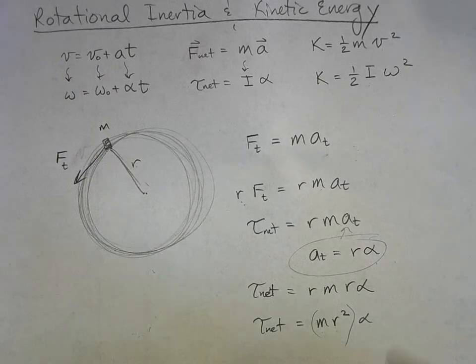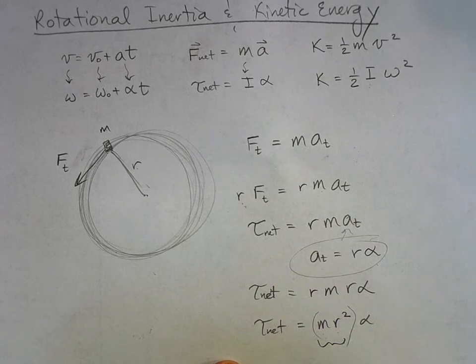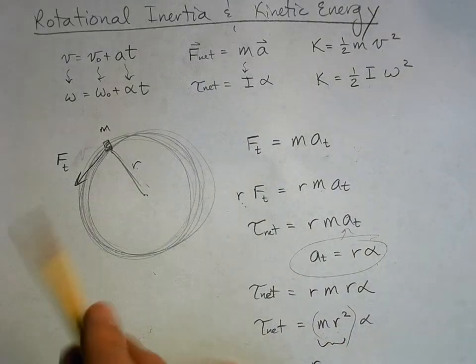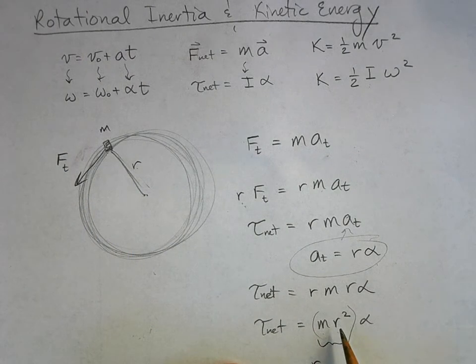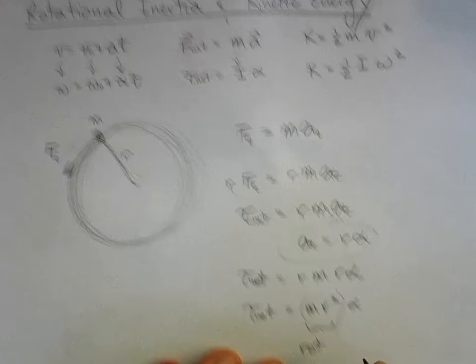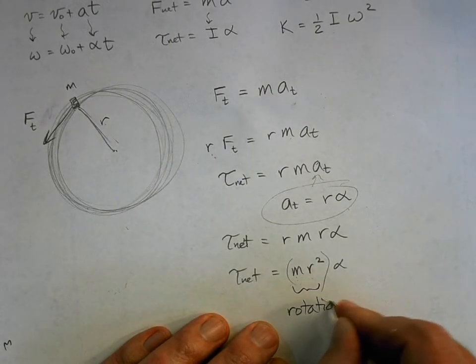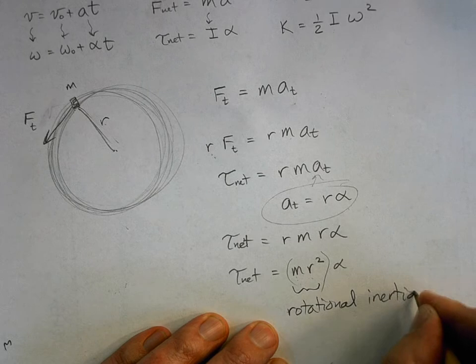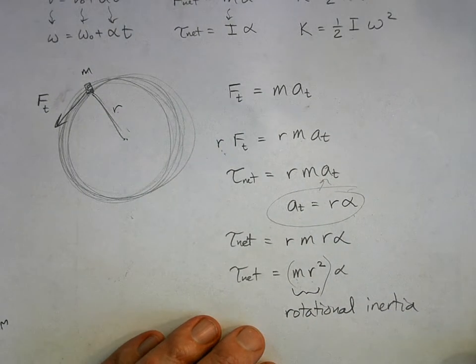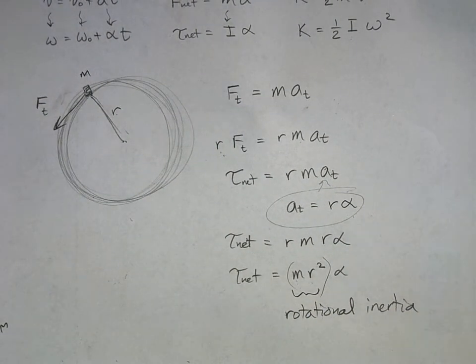We call this combination of mass measured in kilograms and a distance from the axis of rotation squared, this product mR squared, rotational inertia. Rotational inertia for this system.